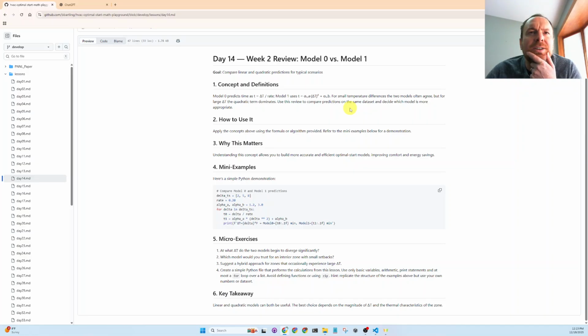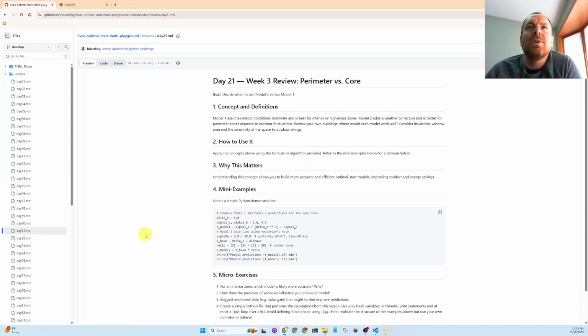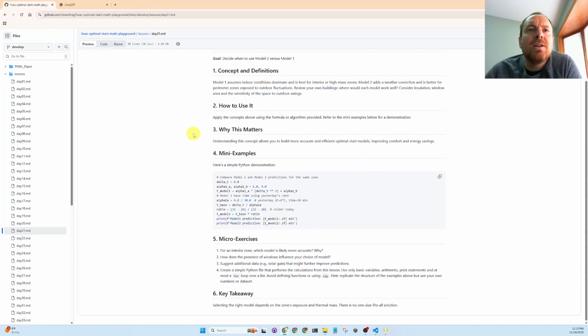Actually, hold up. Which day are we on again? I think we're on day 21, Model 2 versus Model 1. So yeah, this is where we're at. Okay, so Model 2.